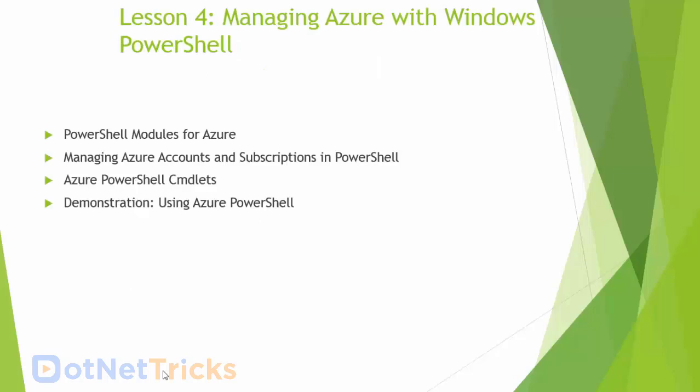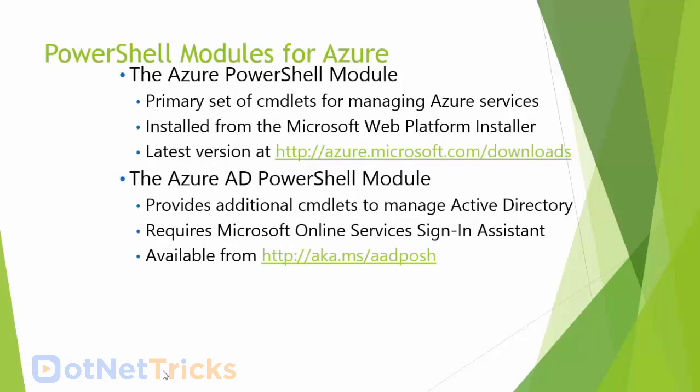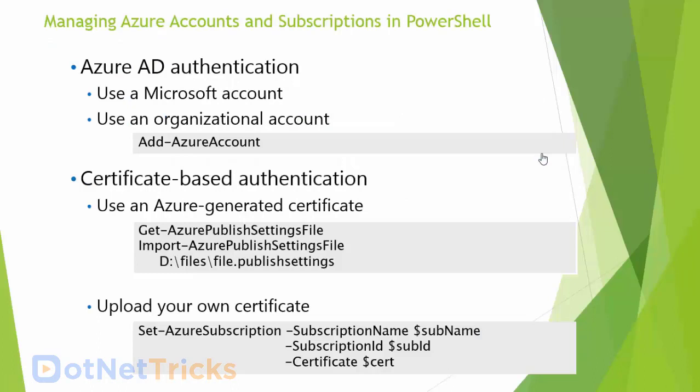And finally, the PowerShell. For PowerShell, you have to download Azure PowerShell. You type the URL http://azure.microsoft.com/downloads and then select Azure PowerShell. Once we install Azure PowerShell, you have to connect your subscription under it.